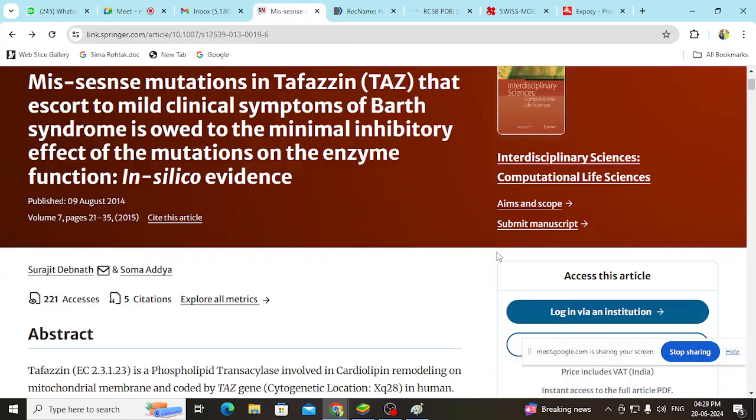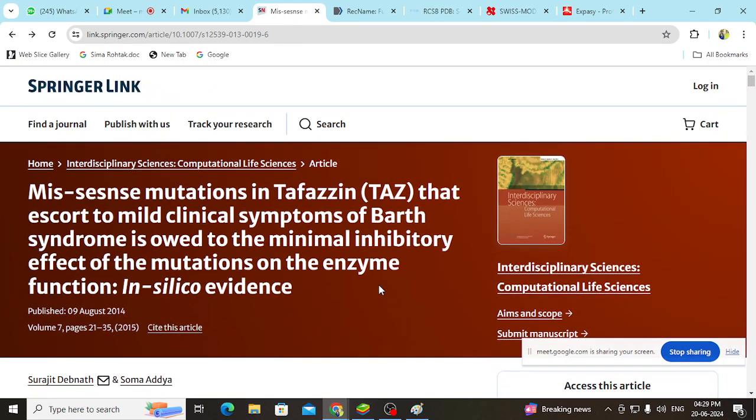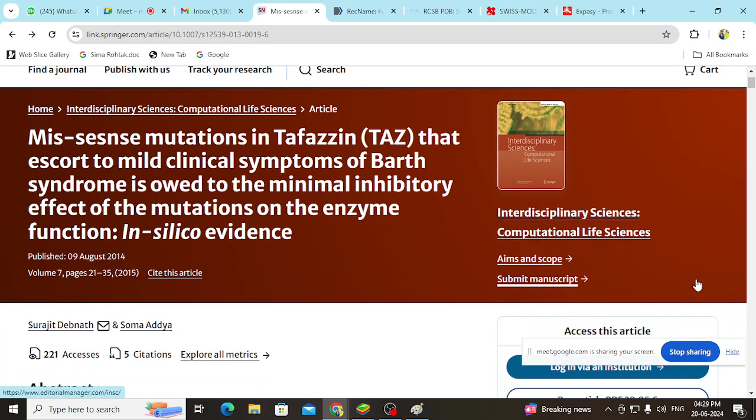Here we are discussing the study which we published in 2014-15 in Springer. It's a very good journal, with an impact factor of approximately 3.824, and the journal name is Interdisciplinary Sciences: Computational Life Sciences. Here we identified the protein tafazine.